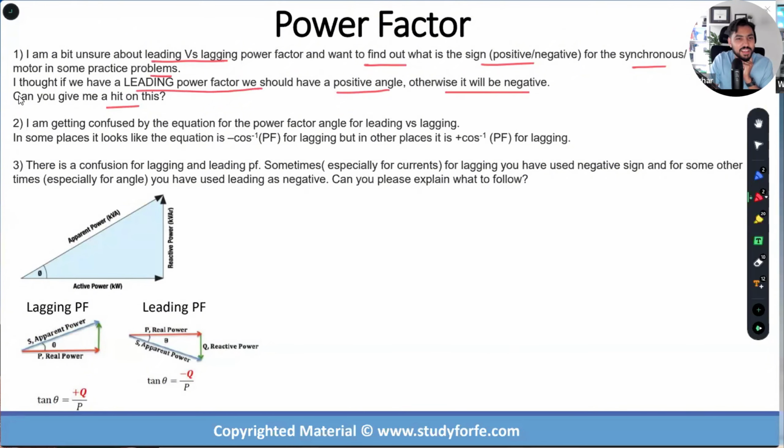Number two, I'm getting confused by the equation for power factor angle for leading versus lagging. In some places, it looks like the equation is negative cosine inverse power factor for lagging, but in other places, it is positive cosine inverse power factor for lagging. Number three, there is confusion for lagging and leading power factor.